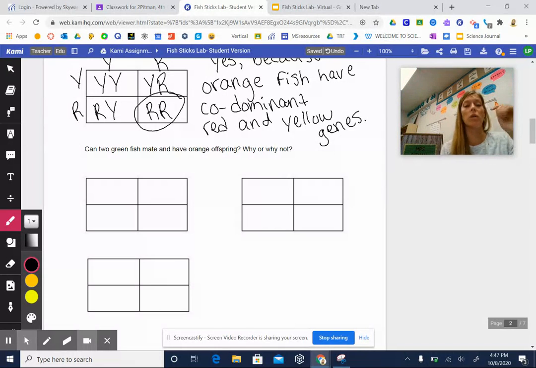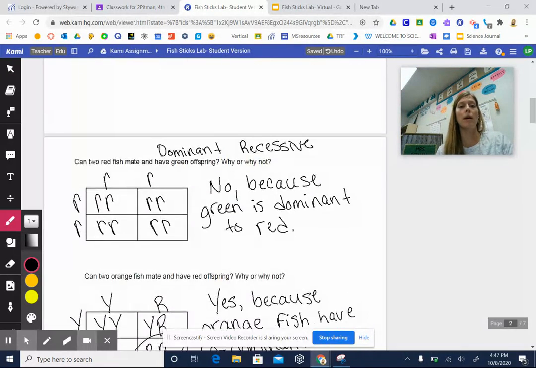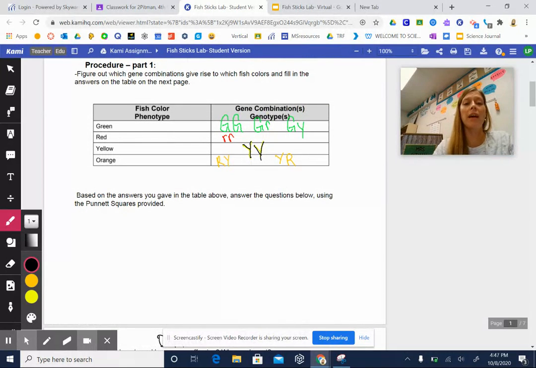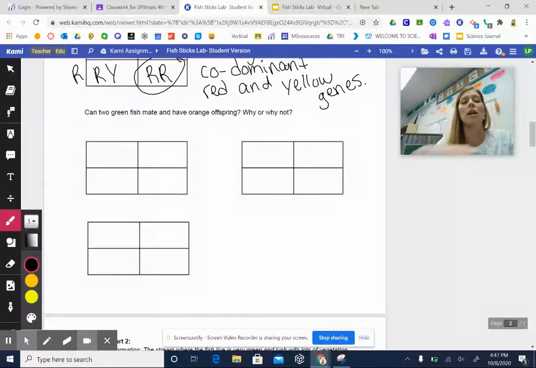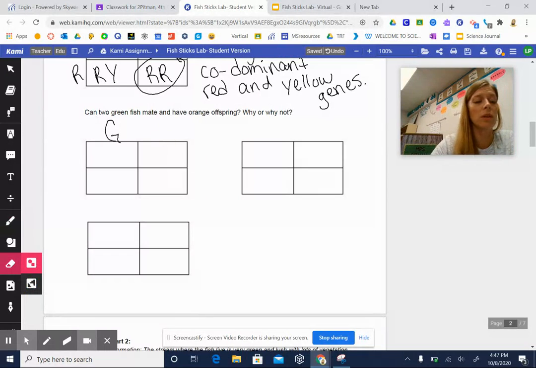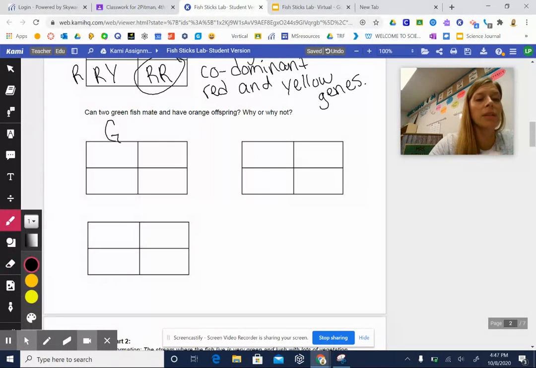Why or why not? Okay, well, if I look back up here, I have three choices for green fish. So I could have used any of those combinations. I'm going to say, let's have mom be, that should be a lowercase y. So here it should be heterozygous dominant for green. And we'll do the homozygous green over there.